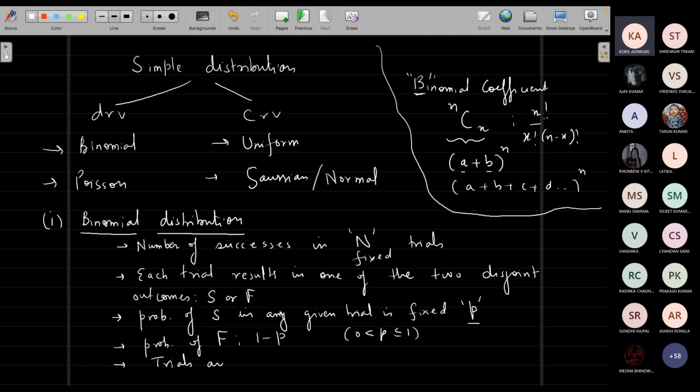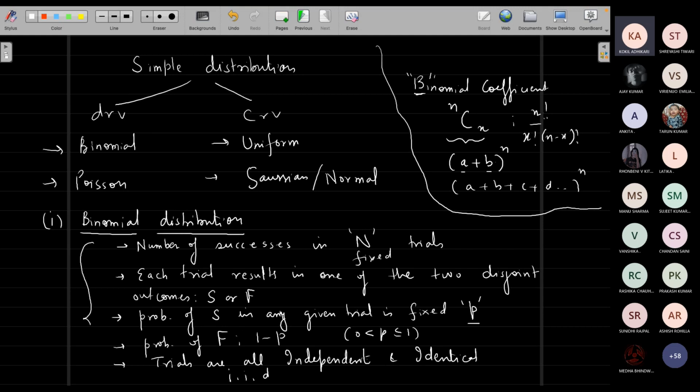Trials are all independent and identical. This is what we call IID, independent and identically distributed. I will write it later on.